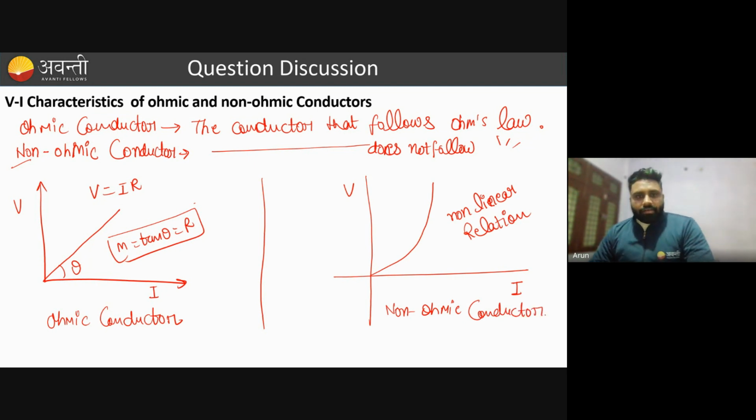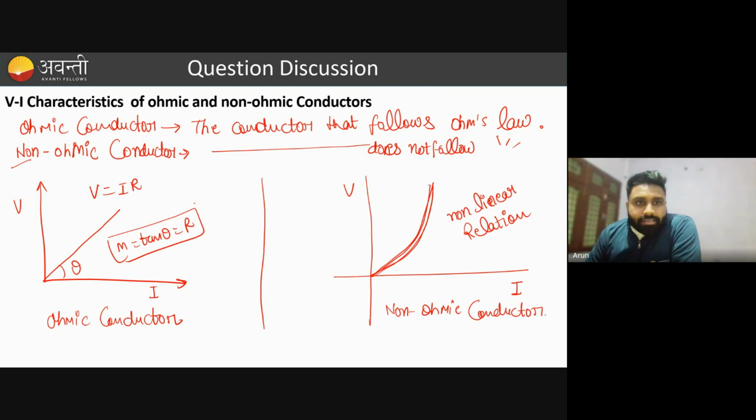Got it? So remember these graphs. For an ohmic conductor, it is a straight line between V and I. And for a non-ohmic conductor, it is a curved line. This is not a linear line.